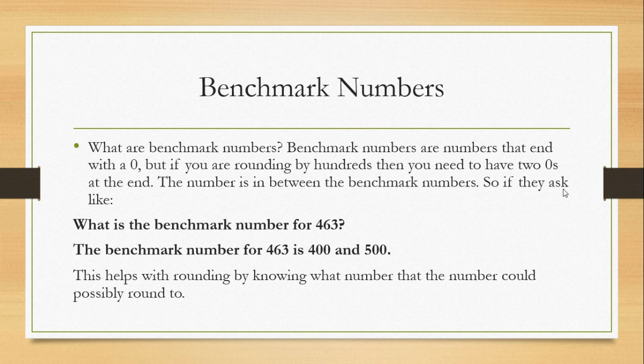But if you're rounding by hundreds, then you need to have two zeros at the end. The number is in between the benchmark numbers. So if they ask what is the benchmark number for 463? The benchmark numbers for 463 are 400 and 500. This helps with rounding by knowing what number that number could possibly round to.